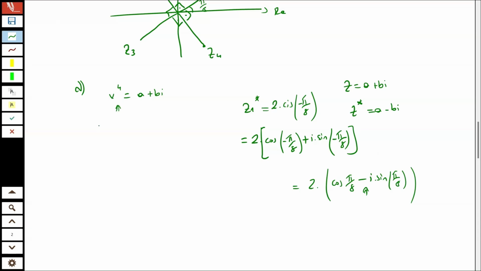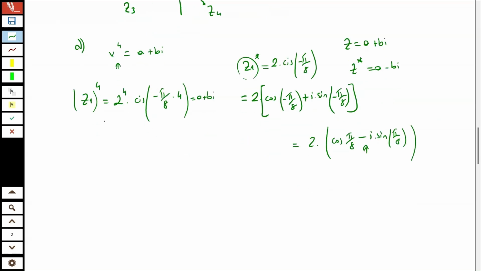Into this equation, if the conjugate z1 is the root of this equation, we can say that the fourth power of z1, which is 2 to the 4 times cis minus pi over 8 times 4, is gonna be a plus bi.